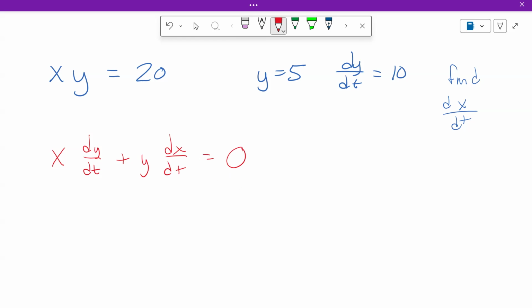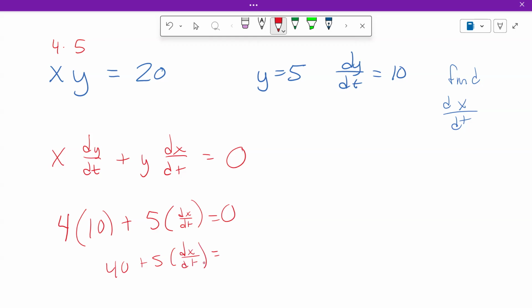What's x? 4. How do we get 4? Plug in the numbers. 4 times 5 is 20, so x has to be 4. What's dy/dt? 10. What's y? 5. What's dx/dt? We don't know. So 40 plus 5 dx/dt equals 0. So 5 dx/dt equals negative 40. So dx/dt is negative 8.